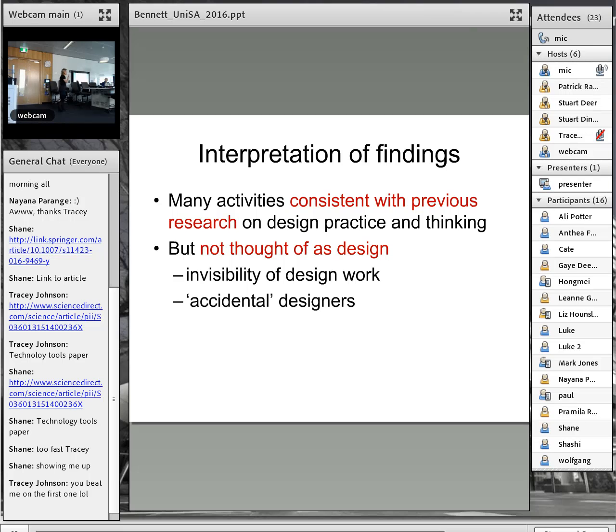So this is really interesting because, as I said at the beginning, we don't usually think about teaching work as design. The whole idea of conceptualizing teaching as design is a fairly new idea and one that's not particularly mainstream. Okay, so now we're in this situation where there are teachers who do design-like work, but we don't recognise it. So there's a sort of invisibility to that design work.